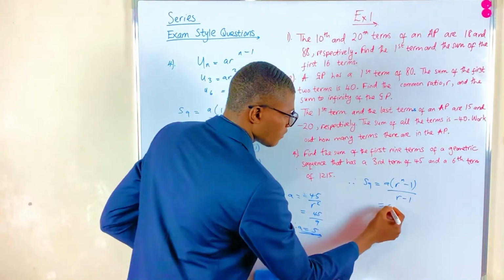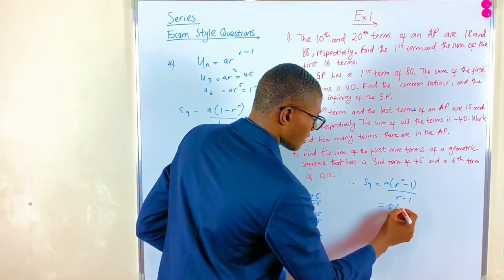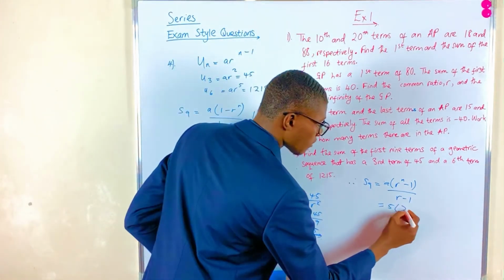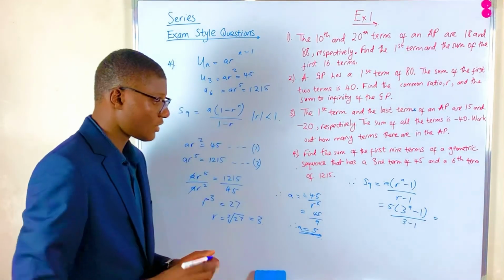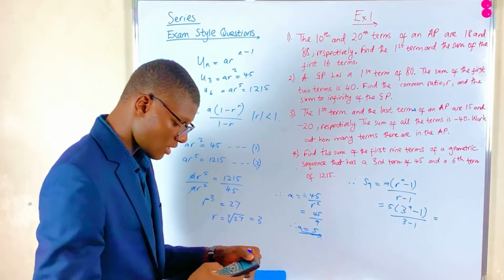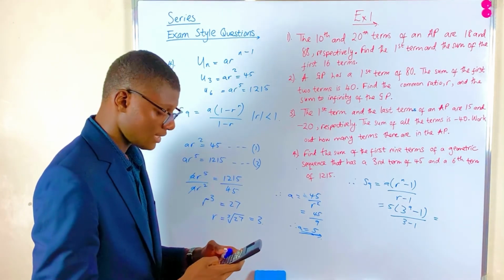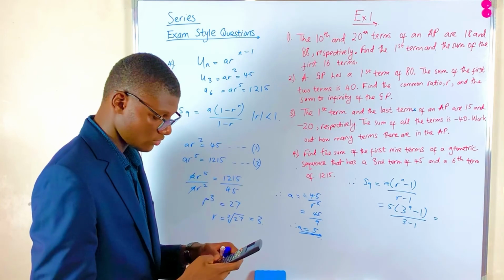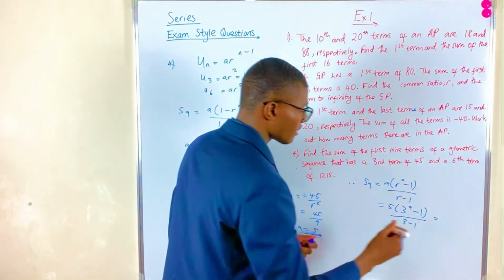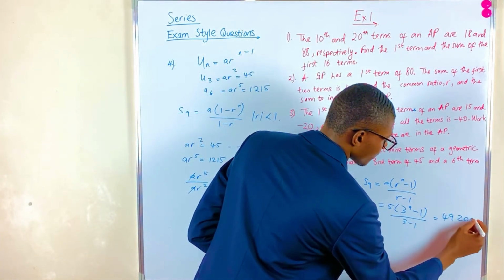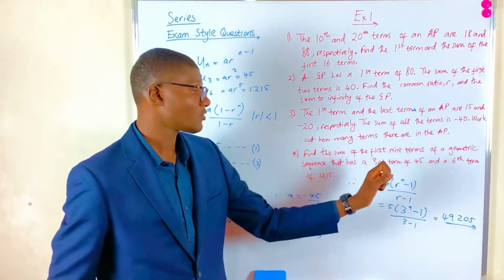So we are saying A, which is 5, multiplied by R to the power of n, where R is 3, so 3 to the power of 9 minus 1, over 3 minus 1. Let's see what we're going to get. So 3 to the power of 9 minus 1, then times 5, then divided by 2. We get an answer of 49,205. This will be the sum of the first 9 terms of the geometric sequence.